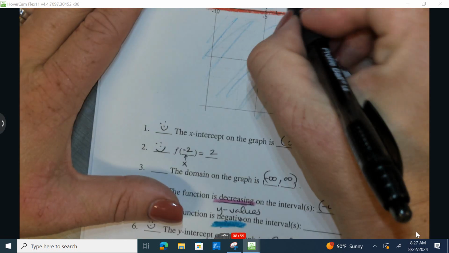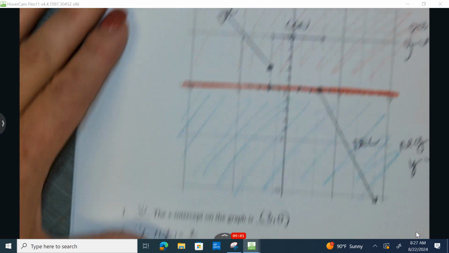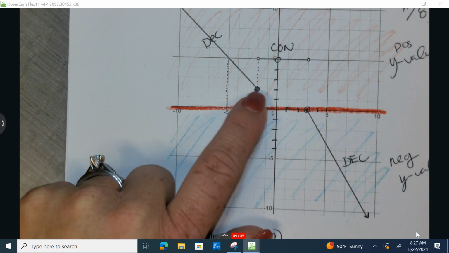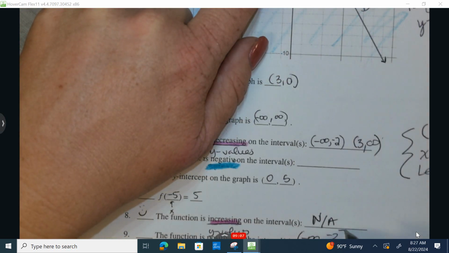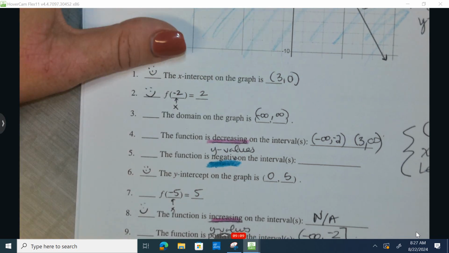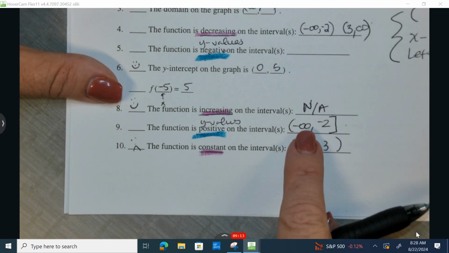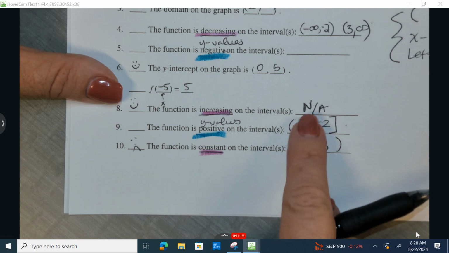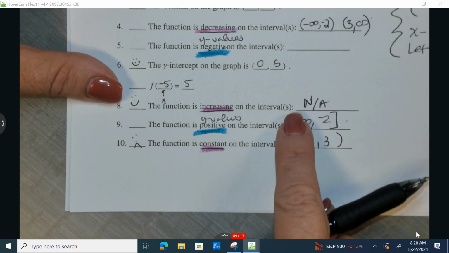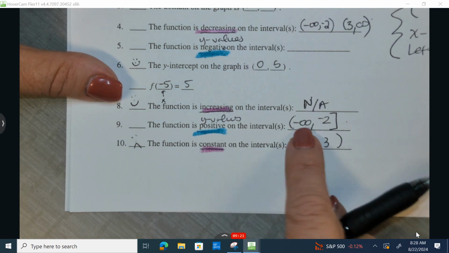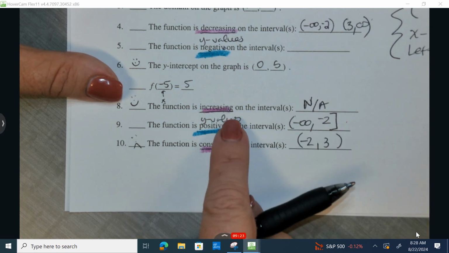At negative 2, I see a closed dot, and that closed dot means that point exists for this linear piecewise function. So I need to describe it as being part of the y positives by putting a bracket. Your infinity symbols will only ever have parentheses no matter what question you have, okay? That's one interval that describes y positives.